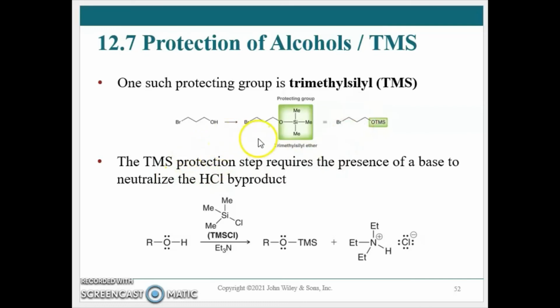When we do the chemistry to make the trimethylsilyl ether, we need to include a base. We're going to use trimethylsilyl chloride as our reagent. So what we're going to end up producing is a mole of HCl when we form the silyl ether. So we're going to include an amine like triethylamine, which can neutralize the hydrochloric acid that's produced.